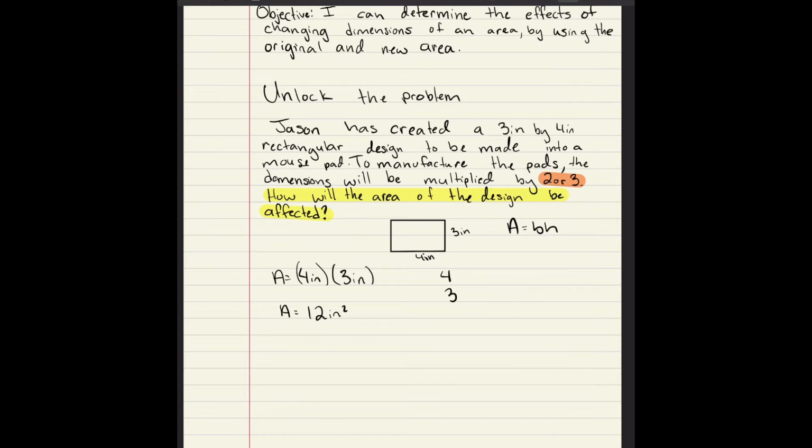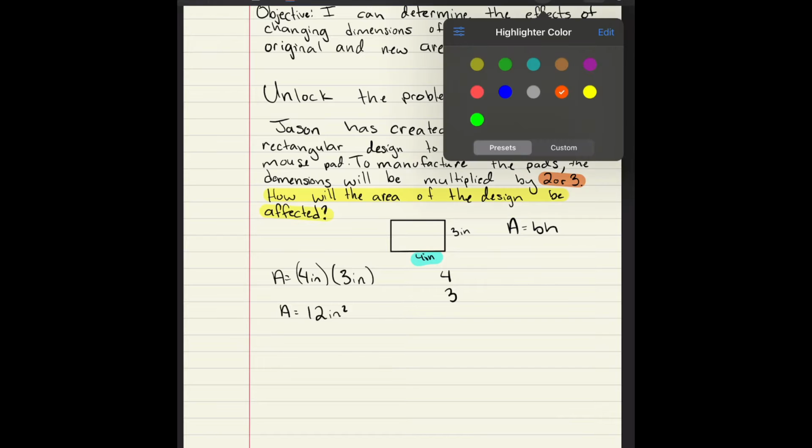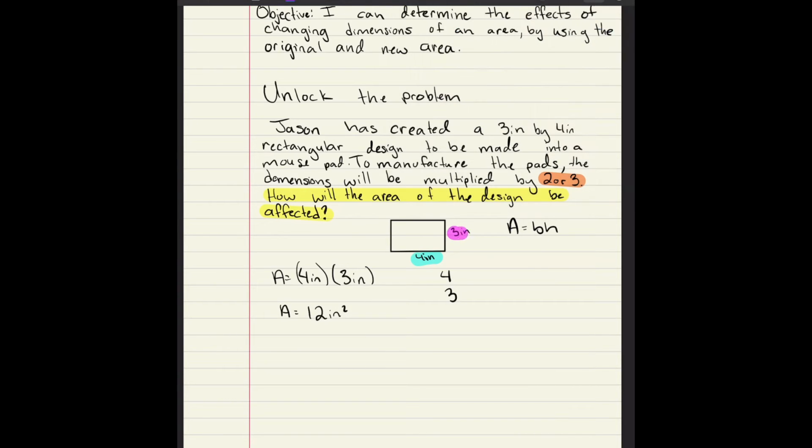So I'm going to take my original base and height, and multiply both of those by 2. Which would give me 8 as my new base and 6 as my new height.